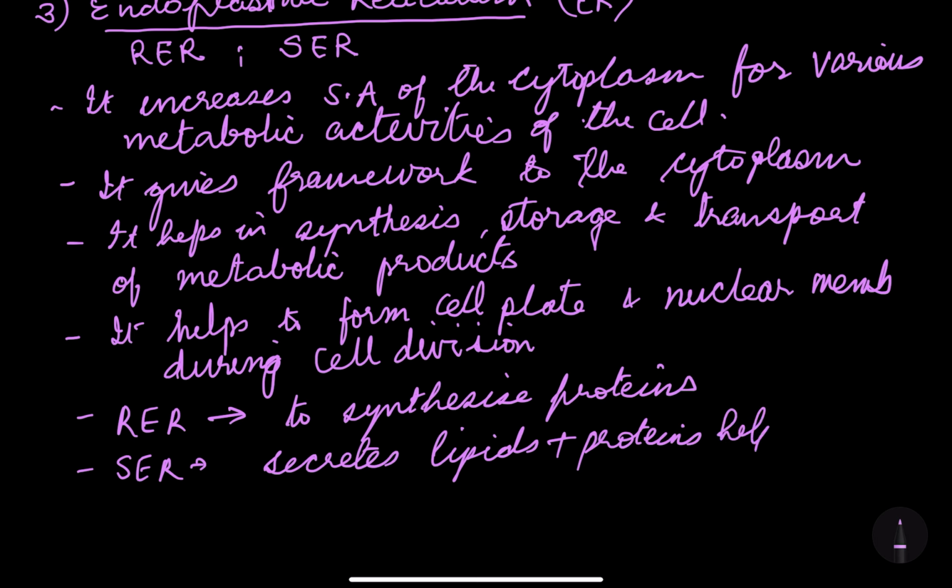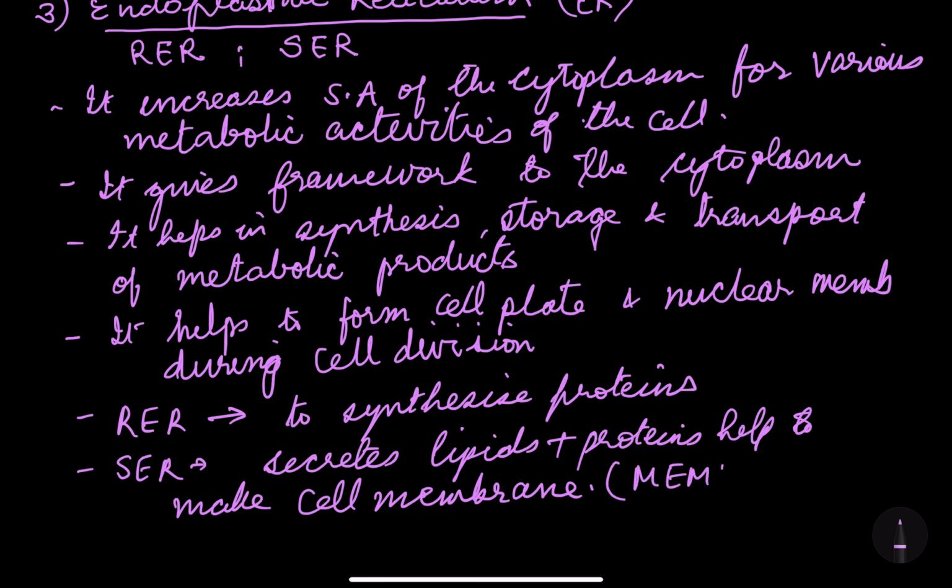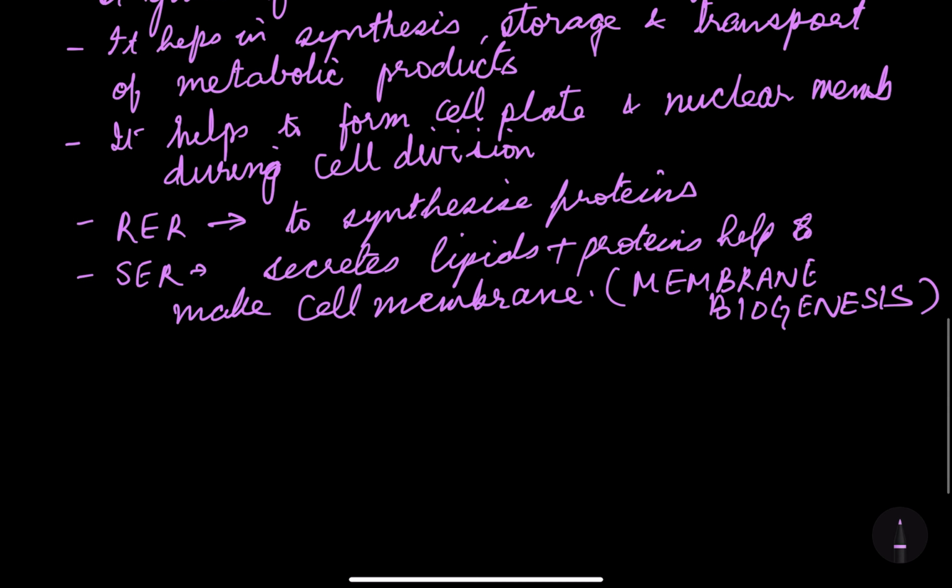So they help to make the cell membrane. And this process of construction of the cell membrane using the products synthesized by the smooth endoplasmic reticulum is referred to as membrane biogenesis, recreating the membrane.